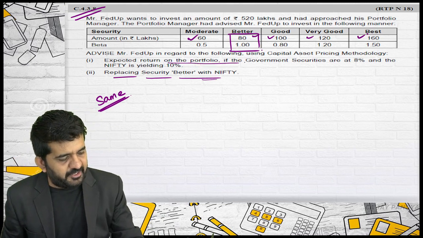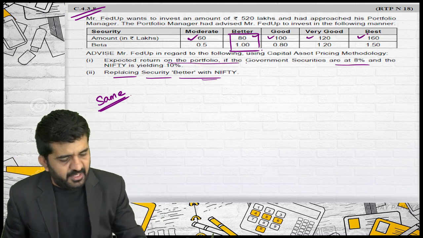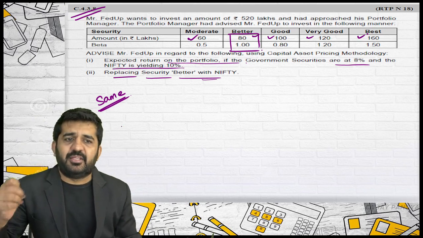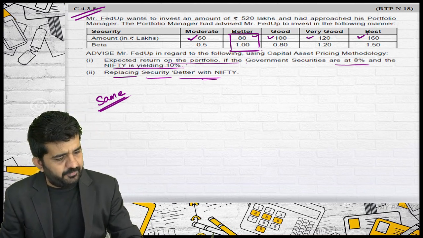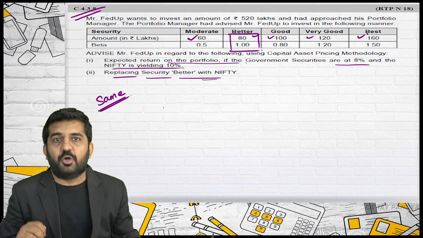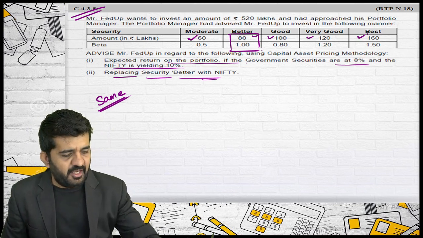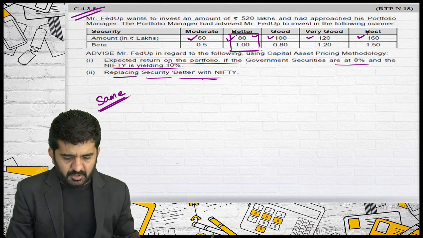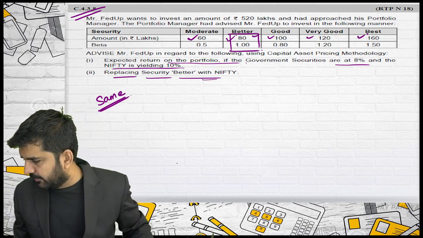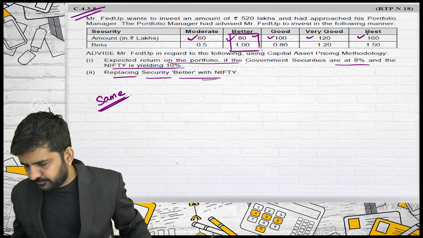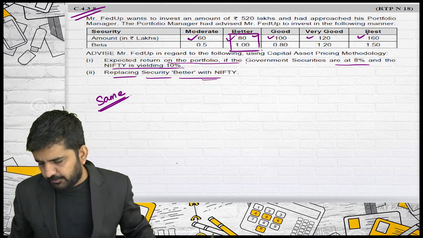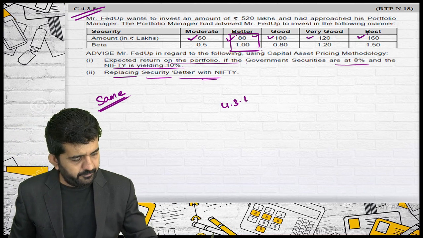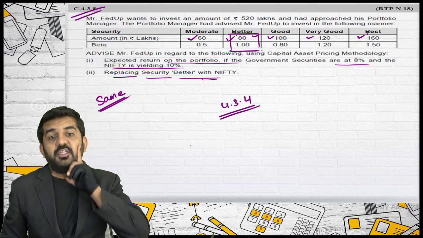They have given expected return of portfolio, RF and RM, and they are asking the capital asset pricing model expected return if you replace beta security with Nifty. The same question was asked previously, 4.3.4. So we are not repeating it again.